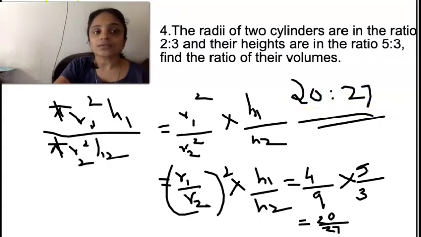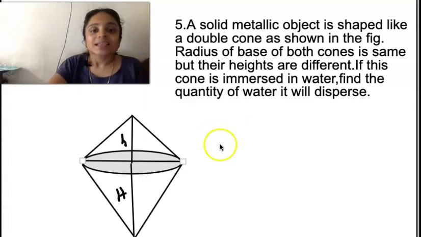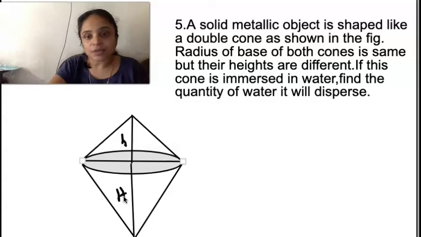Okay, understood? Next question is, a solid metallic object is shaped like a double cone as shown in this figure. Radius of base of both cones is same, but their heights are different. The small cone is having height small h, and the bigger cone is having height capital H. If this is immersed in water, find the quantity of water it will displace.